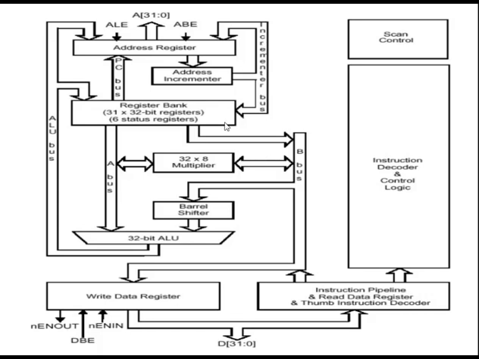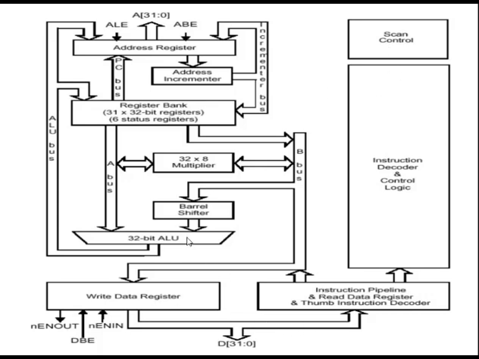See, in the address register, we get the input from ALE. Then the register bank has 6 status registers, 31 32-bit registers. Then the multiplier, barrel shifter, bus.